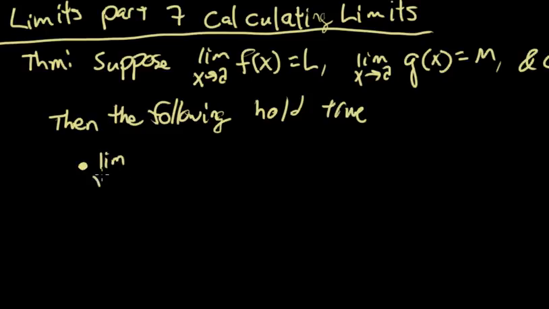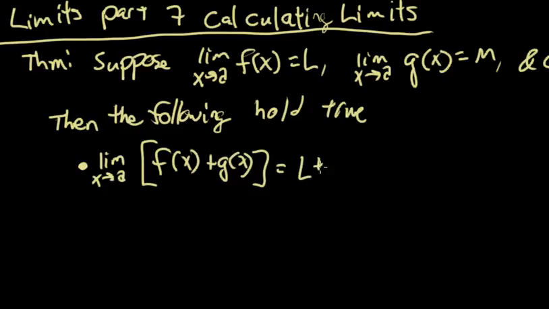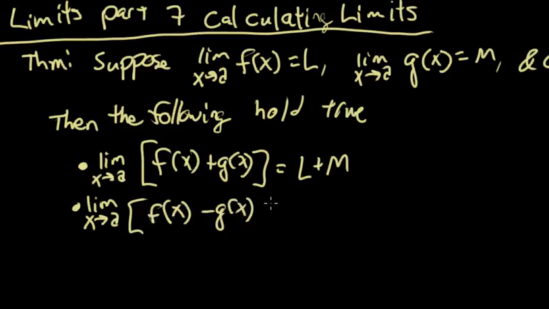So we'll say limit as x approaches a of f of x plus g of x equals L plus M. We can say that same thing except with subtraction. So limit as x approaches a of f of x minus g of x equals L minus M. We can do the same thing with multiplication and division.